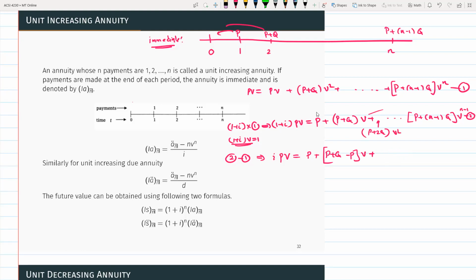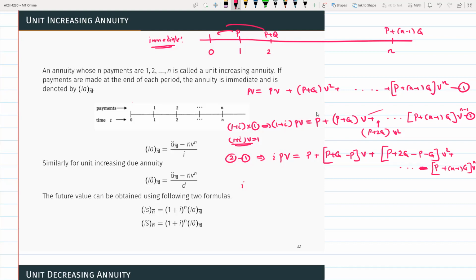If I do it that way, I would get (P plus 2Q minus P minus Q) times V squared, and all the way up to the last one. The last one would be minus (P plus (n minus 1) Q) V to the n.